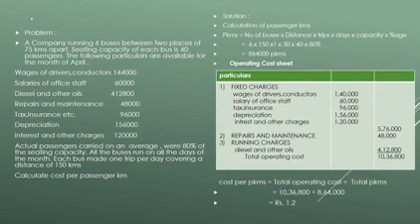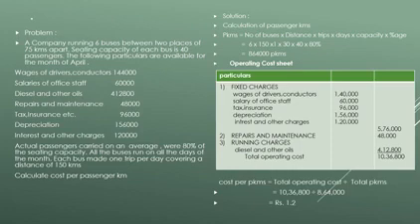Salaries of office staff 60,000. Diesel and other oil 4,12,800. Repairs and maintenance 48,000. Tax and insurance 96,000. Depreciation 1,56,000. Interest and other charges 1,20,000.